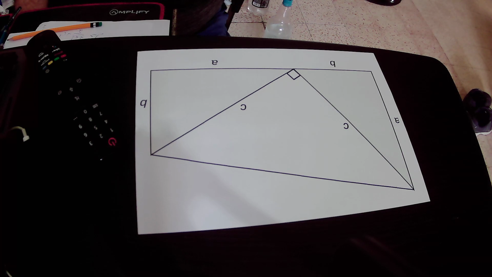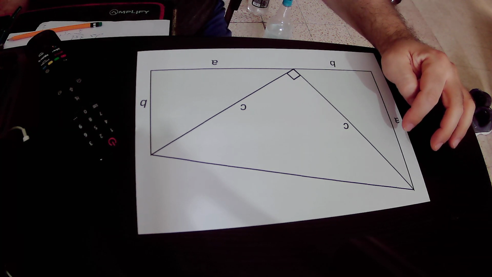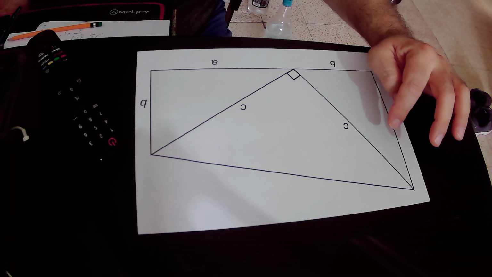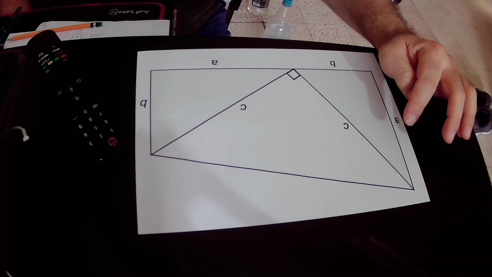Now we can name the angle between side A and side C as alpha.